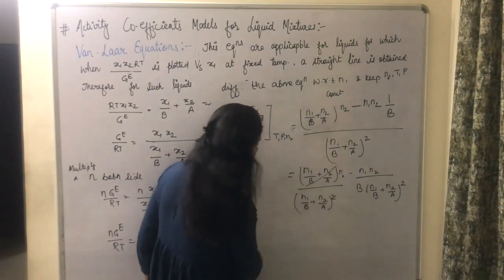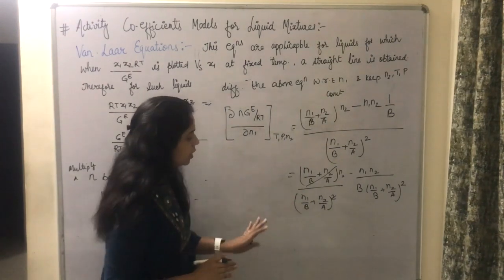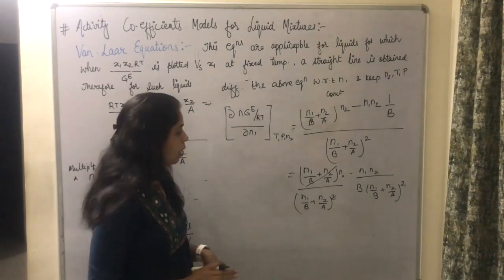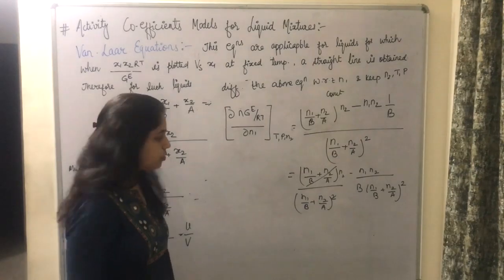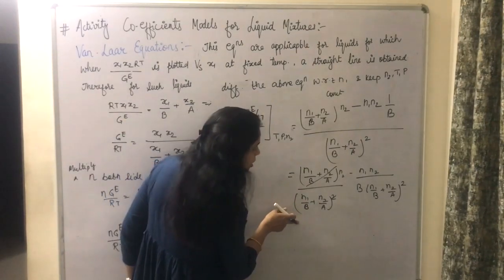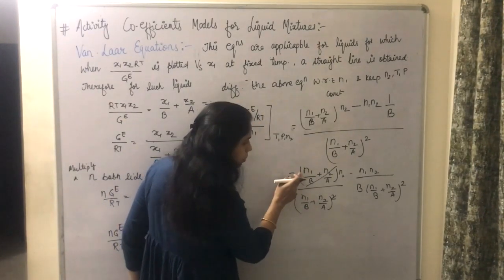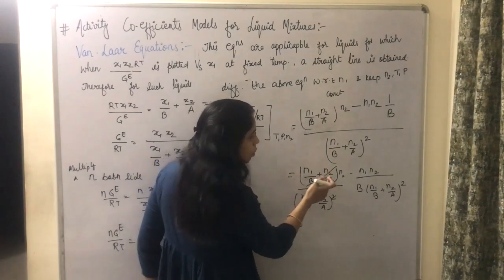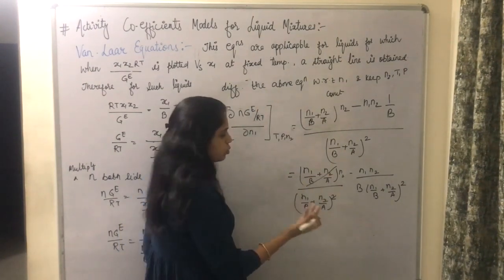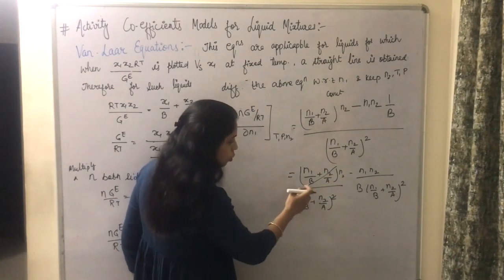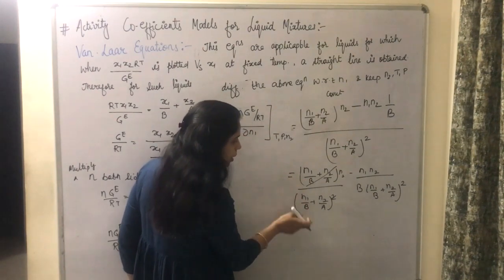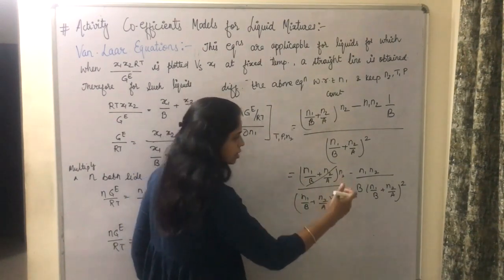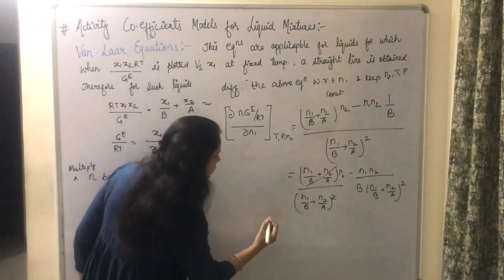So this cancels, and now we convert n1 upon n in terms of x1, right? So here you can directly put x1 in place of n1, and x2 in place of n2. The n term will come in the denominator in both places, above and below, so it will cancel. So there is no need to write this down.